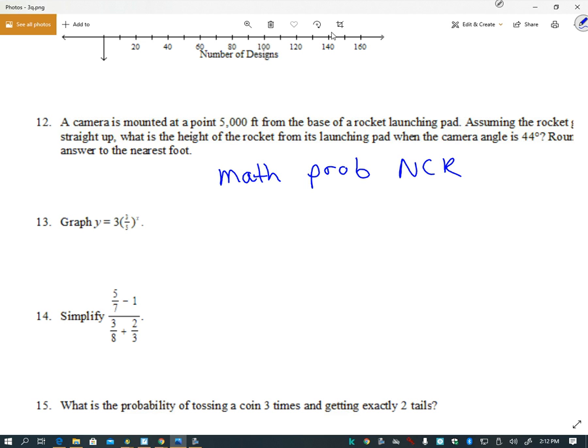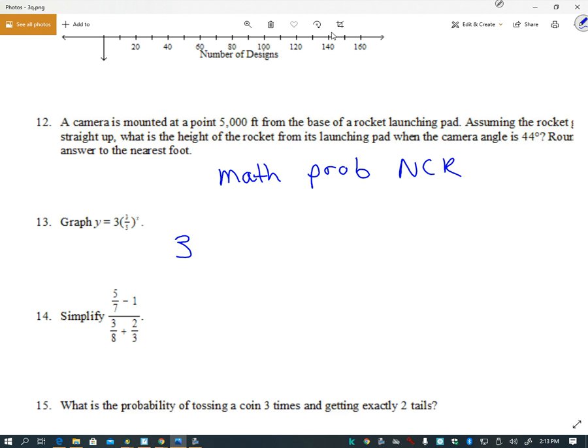So what we want to start with is how many times our trial is taking place, which in our case is 3. If you have a newer calculator, you can go math probability NCR and it will show you a box on either side of the C, and you'll plug in the one on the left and then the one on the right.